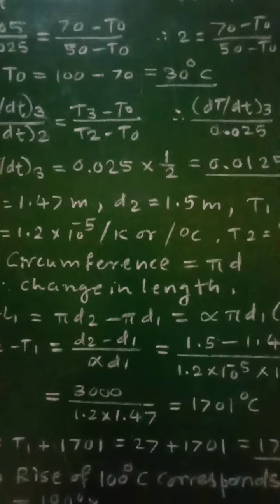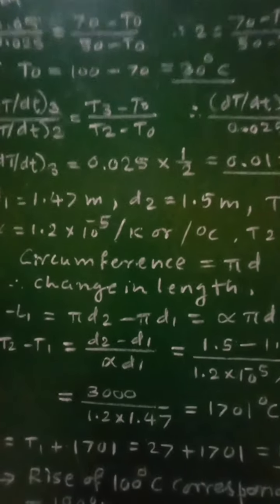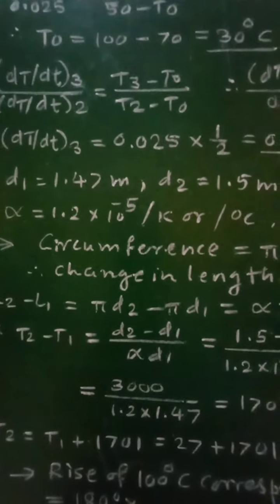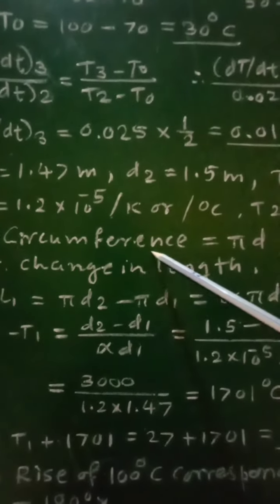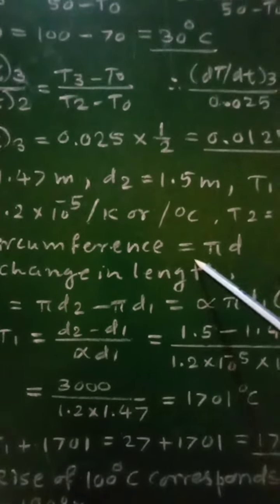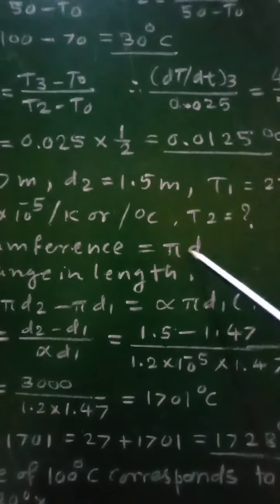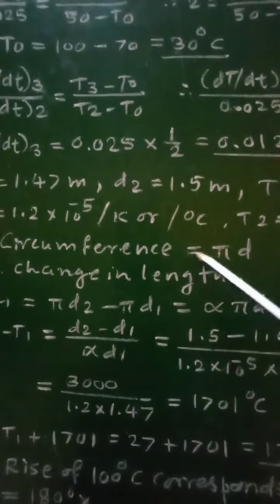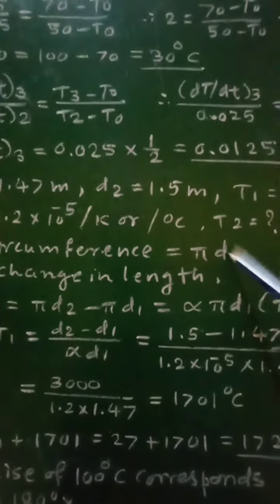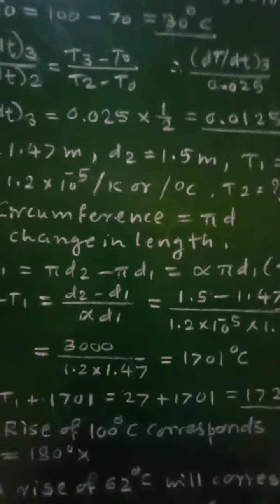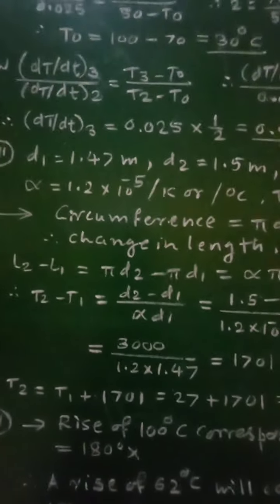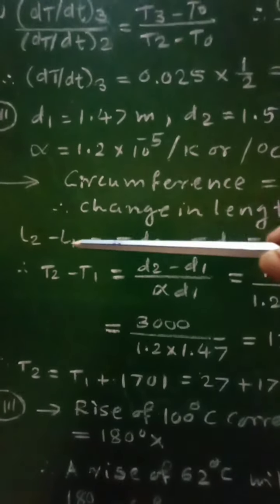Now, as the rim as well as the ring are circular, the length of the rim as well as the ring will be nothing but the circumference of the circle, which is given as 2 pi r, that is equal to pi d. Circumference will be equal to pi d, and therefore we can find the change in length in terms of circumference as L2 minus L1.